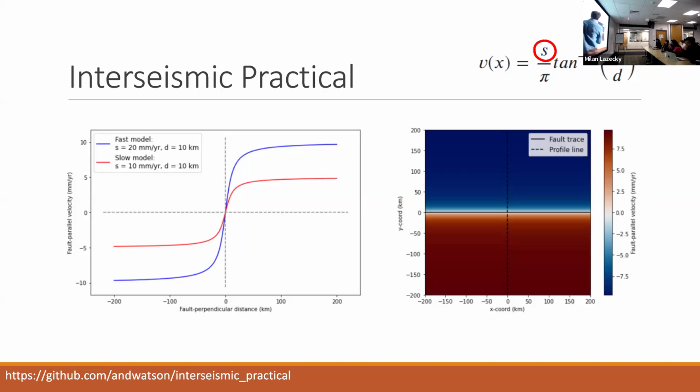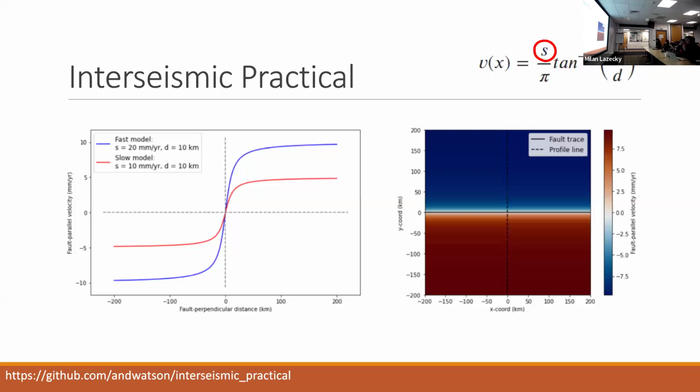Here's your fault trace. This is the displacement across it, fault-parallel velocity. That means motion's going that way, it's going that way. And imagine you've drawn a profile across it, your fence, you're looking at the change in that. This is your profile from south to north, how much that fault-parallel velocity is changing.